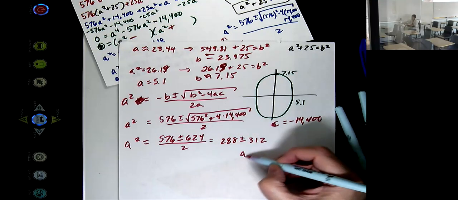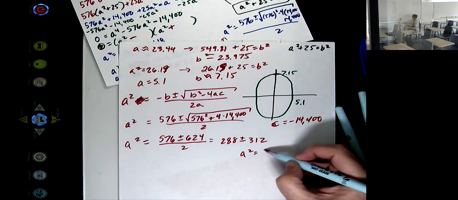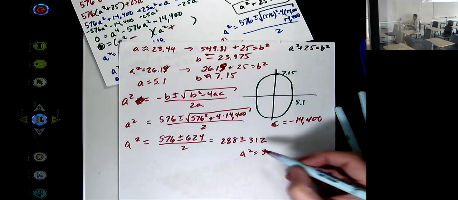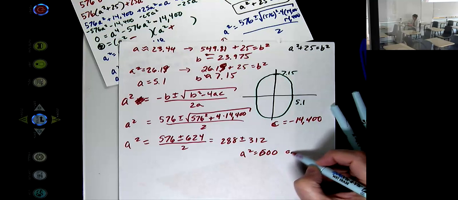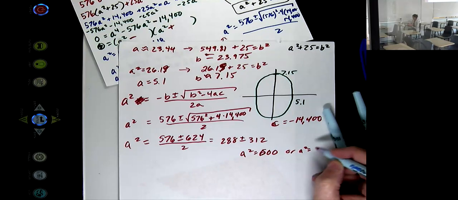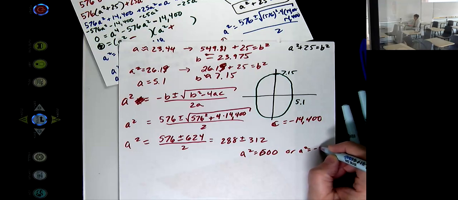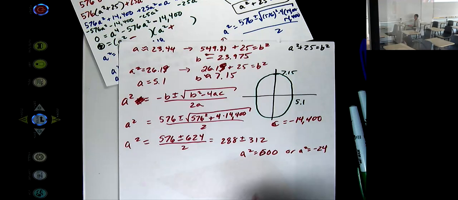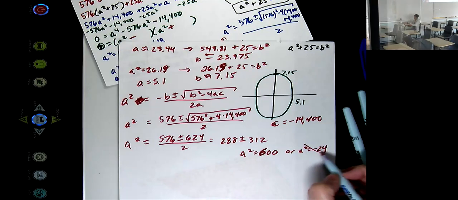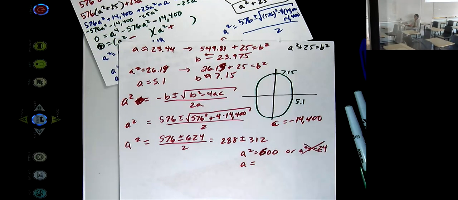So A squared equals 600. Is that one of them? Or A squared equals negative 24. And A squared can't be a negative number, so A squared has got to be 600. That's awesome. So A is square root of 600.